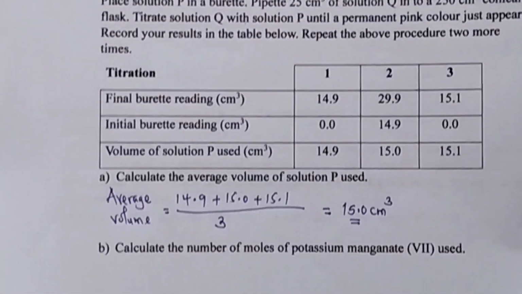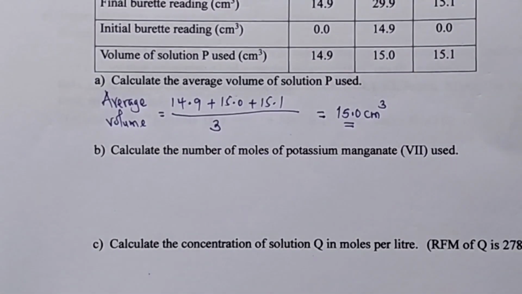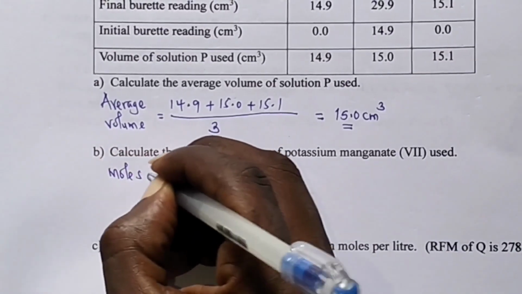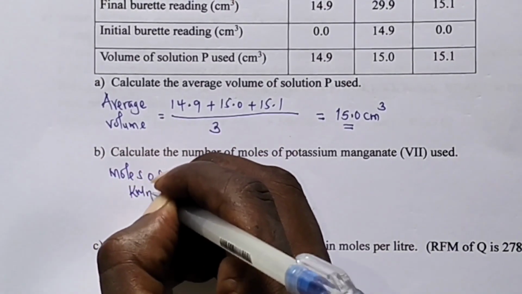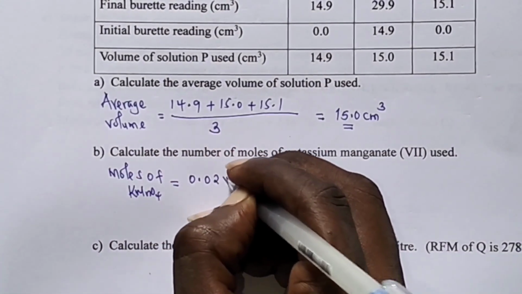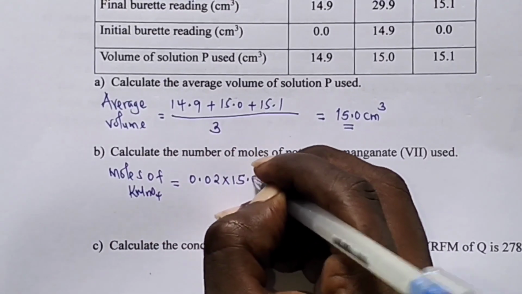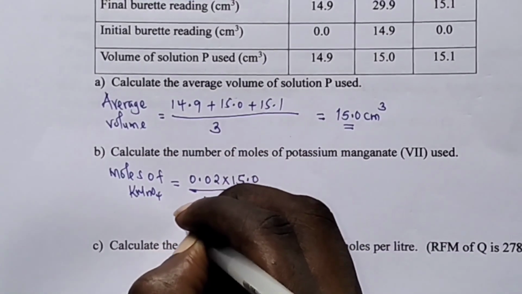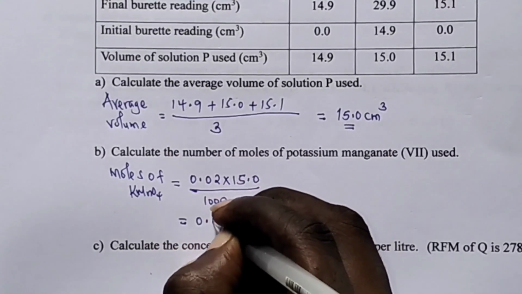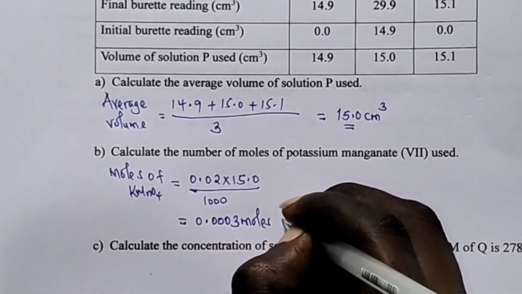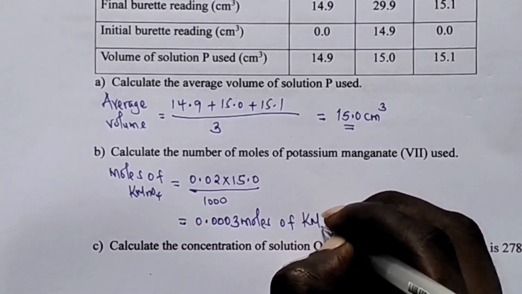So that means we can get the number of moles used. Moles is given by molarity, which is 0.02, multiplied by volume, which is 15.0, divided by 1000. So what are we going to get here? We are going to get 0.0003 moles of potassium manganate(VII).